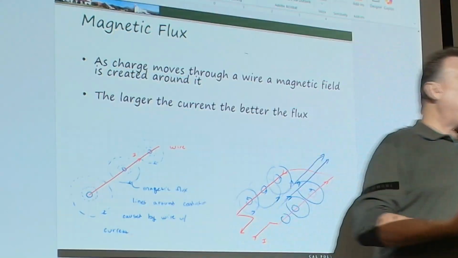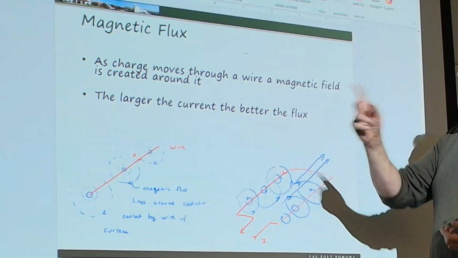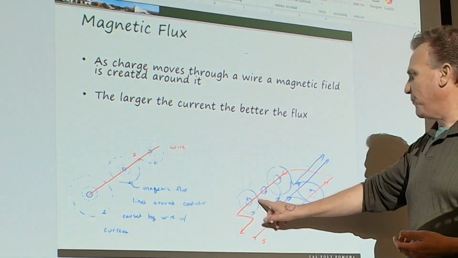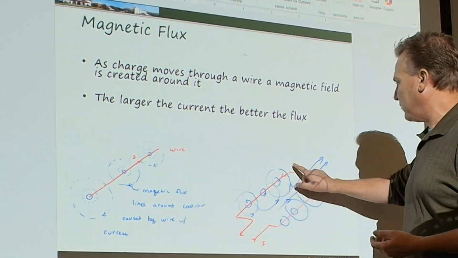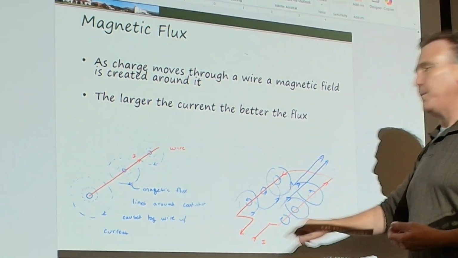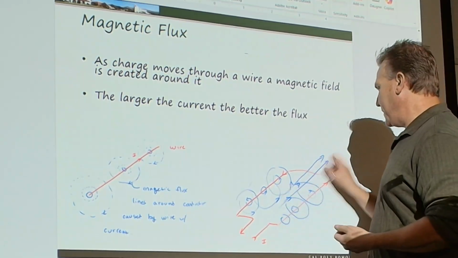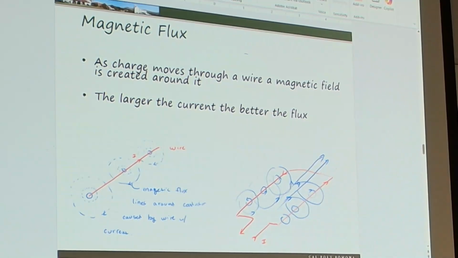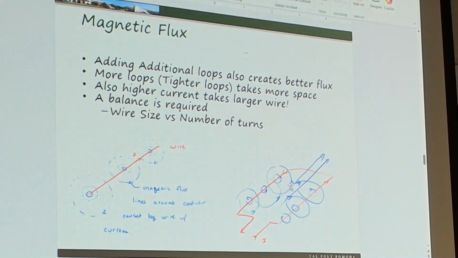What we see here is this is actually the direction of the magnetic flux as it goes around in that loop. So it's going to go around, and we're going to see that the torque is generated right there. So the larger the current, the better the flux.